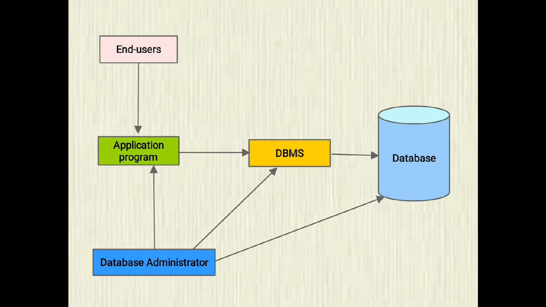Through the application program, the queries are directed to the DBMS. The DBMS processes that and then sends it to the database. If the data is stored there, the database sends it back to the DBMS, and from the DBMS to the application program, and finally back to the end user.